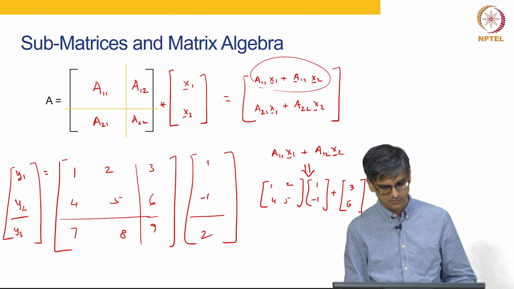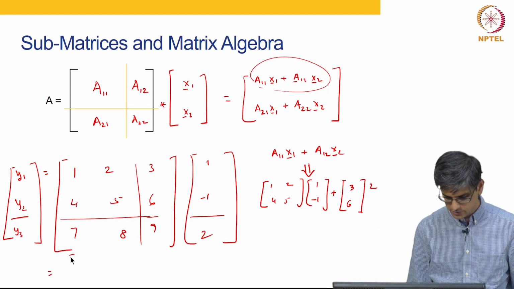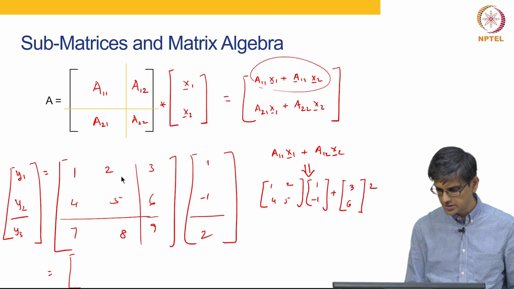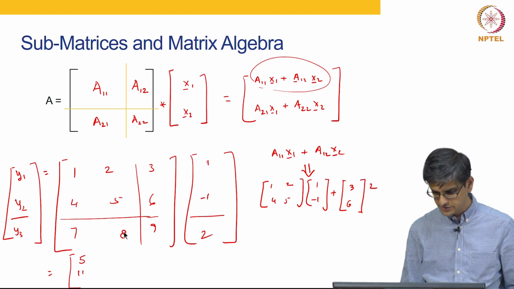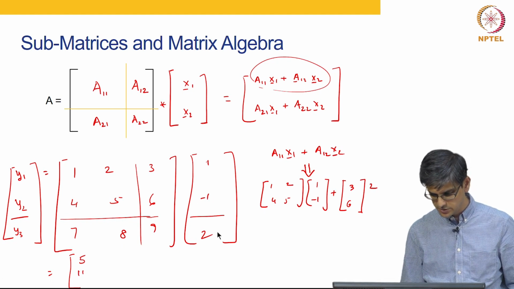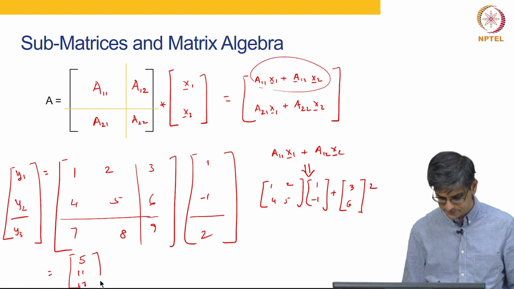So, the full multiplication is going to give you 1 minus 2 plus 6, that is 5, 4 minus 5, that is minus 1, plus 12 is 11, 7 minus 8, that is minus 1, plus 18 is 17.